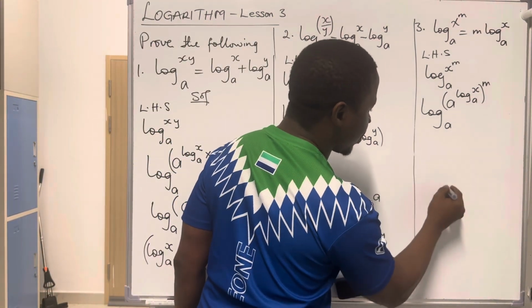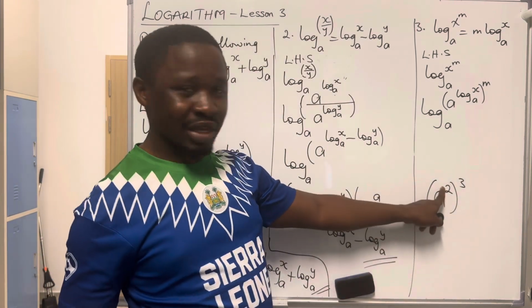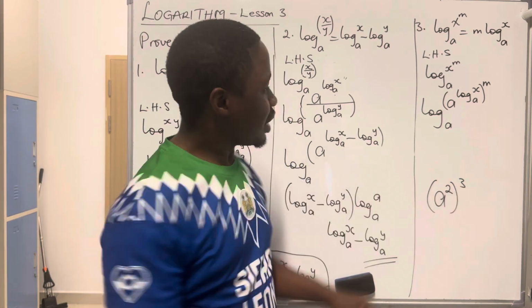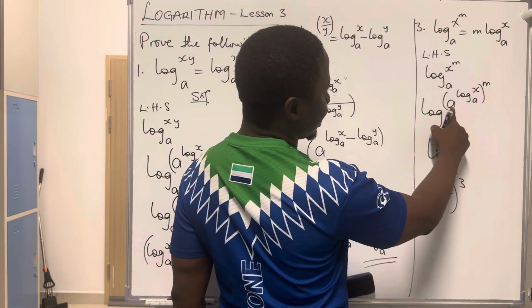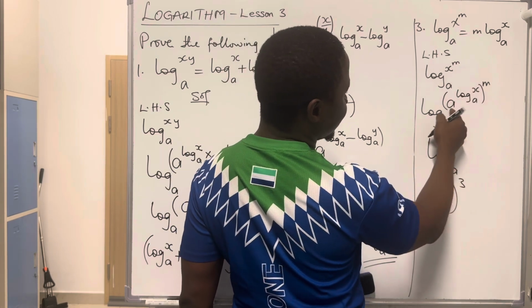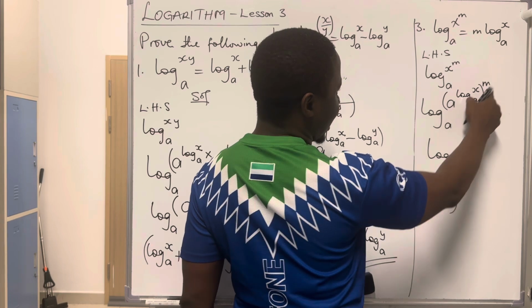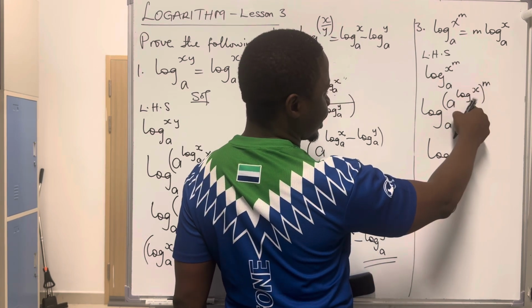If you have a to the power 2, all to the power 3, this base has a power inside and another power outside. The powers multiply themselves. So here the base is a. This a has a power, which is log x base a, and has another power m. So m multiplies log x base a.